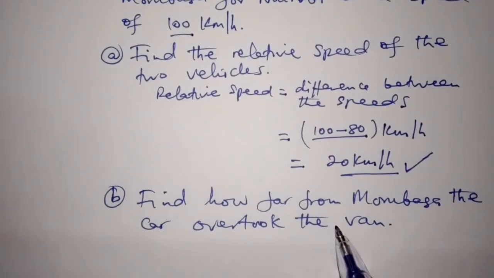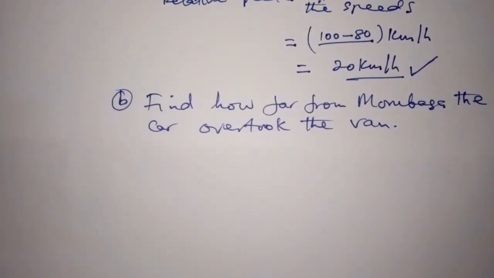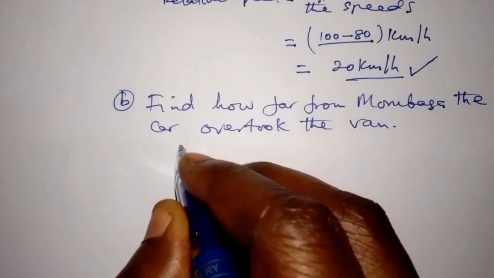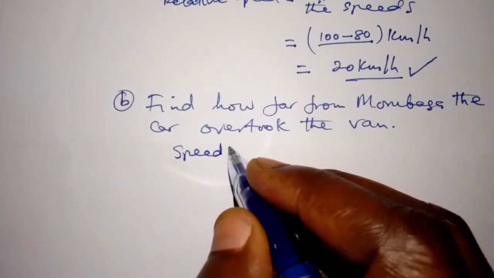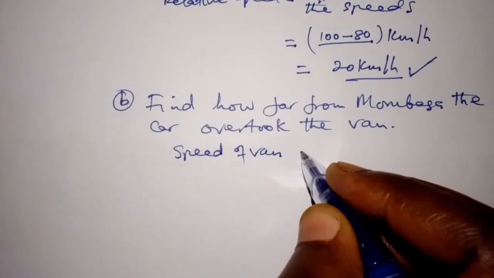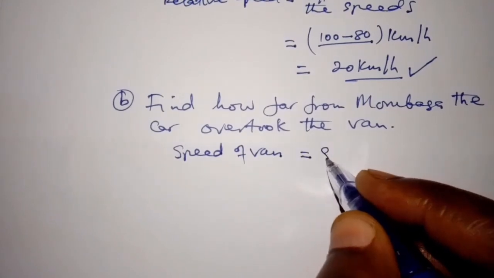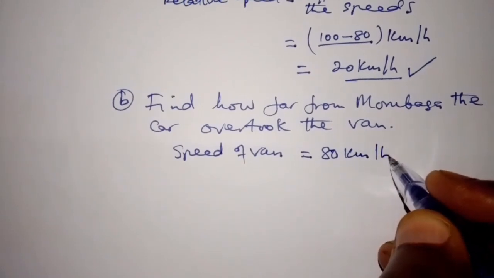Find how far from Mombasa the car overtook the van. Speed of van we are given to be 80 km per hour.